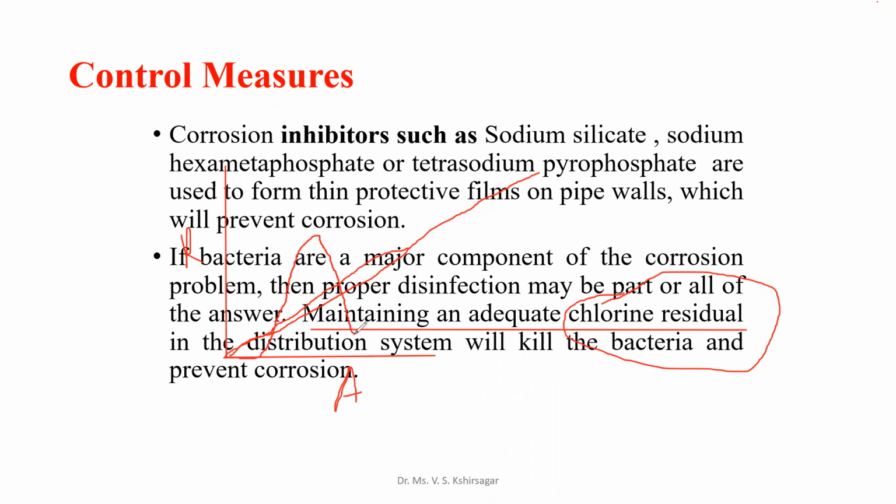Again it reaches a point from where it starts showing an increase in the amount of residual chlorine in the water, and that point is known as the breakpoint chlorination.